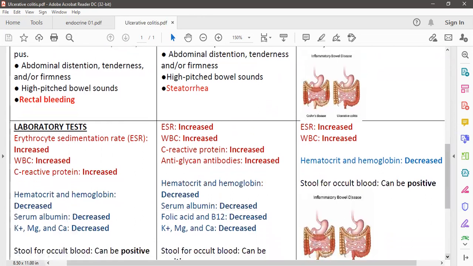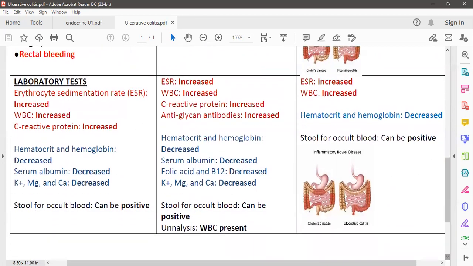What about the laboratory tests? What are the differences between the laboratory tests for all of them? So here we go. You see the red color, blue. So red color here is almost the same. The laboratory tests: ESR, erythrocyte sedimentation rate, WBC, and C-reactive protein.